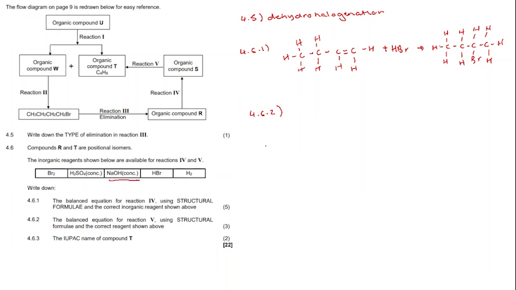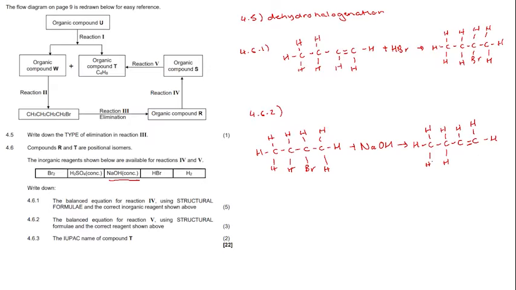So we will go from our end compound plus NaOH, and it will result in the alkene, the double bond being added, where the hydrogen and the bromine are removed. And then we would have on the side as well NaBr as the sodium joins with the bromine, and we would have an H2O molecule.